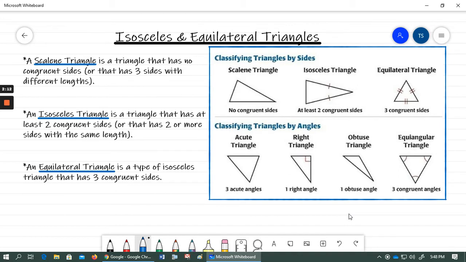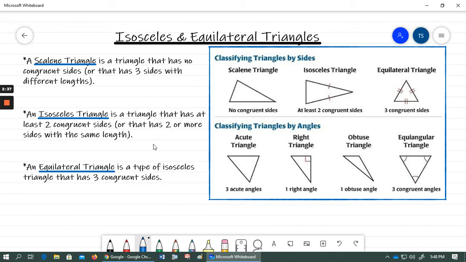Again, folks, most of these different classifications of triangles you've probably already heard of. But again, let's get into it. A scalene triangle is a triangle that has no congruent sides. So again, guys, if it has no congruent sides, that means that it has three sides with different lengths, right?